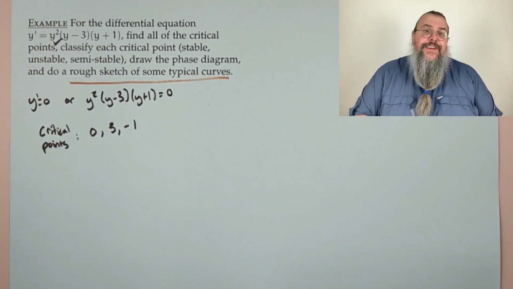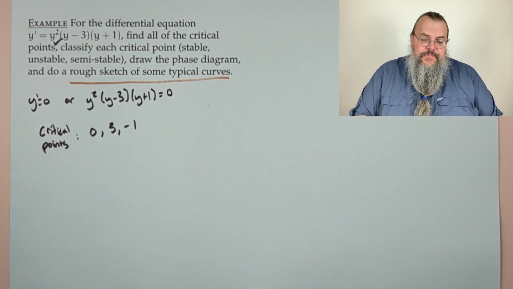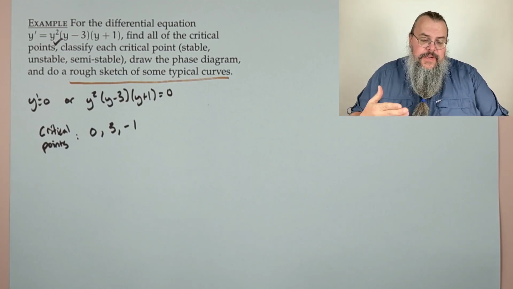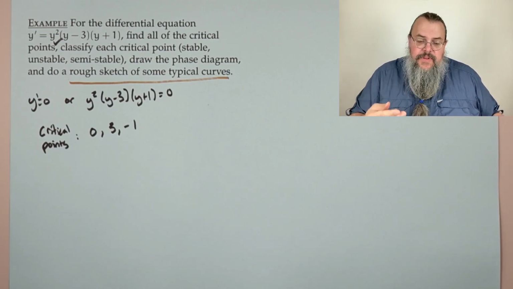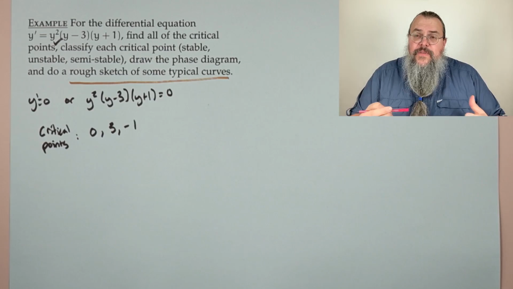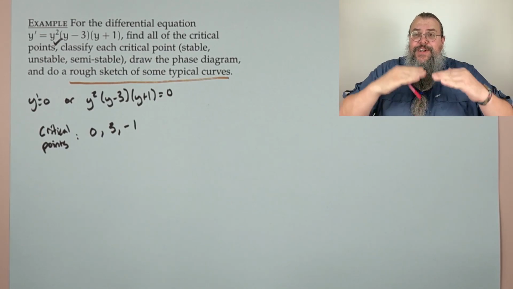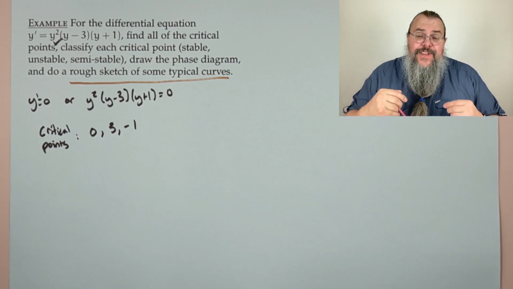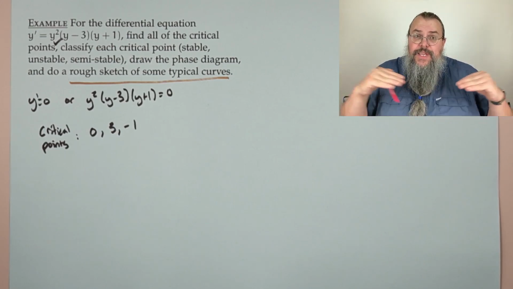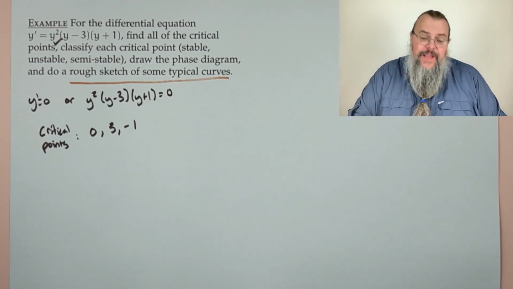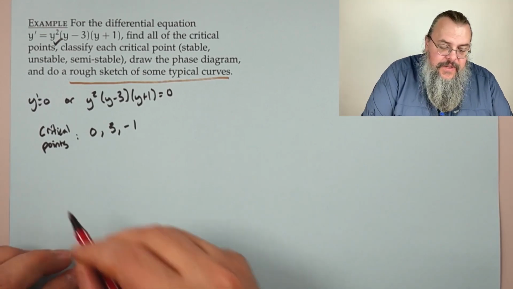So nice, cool. All right, the next thing is to classify each critical point as stable, unstable, or semi-stable. And then it says draw the phase diagram. But here's the thing. We can change the order. And oftentimes having the phase diagram makes the classification really quick. So let's do our phase diagram. So here we go.